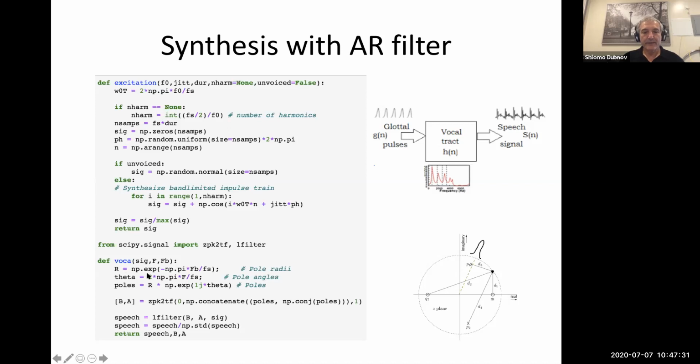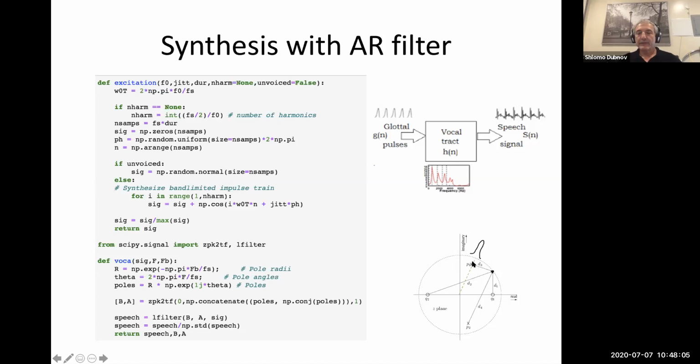And once you have this r and theta, you basically just translate this to complex coordinates. So this is the radius, this is the angle, and this becomes a complex number. Now, we put all these poles, and for reasons I'm not going to explain in detail, because our filter creates real numbers, the signal going into the filter is a real signal and the output is a real signal.